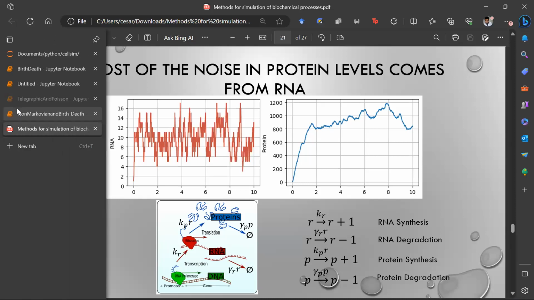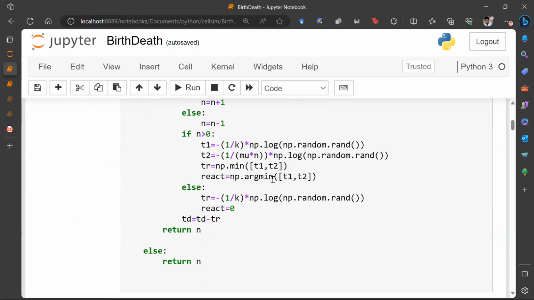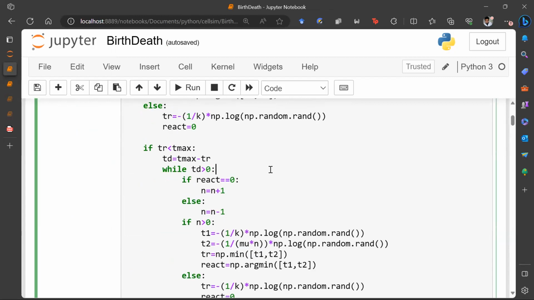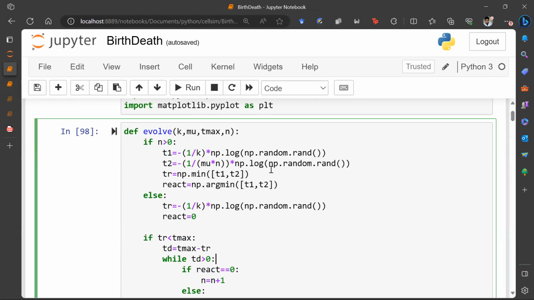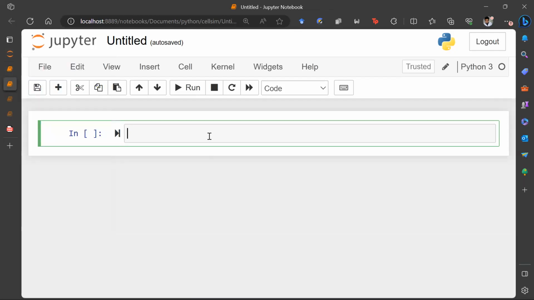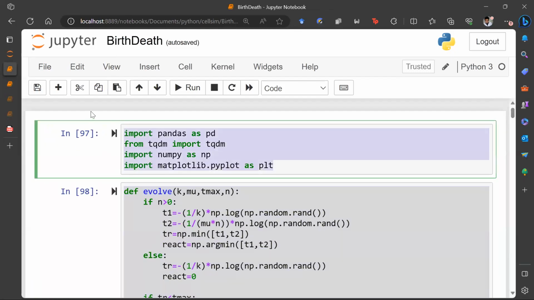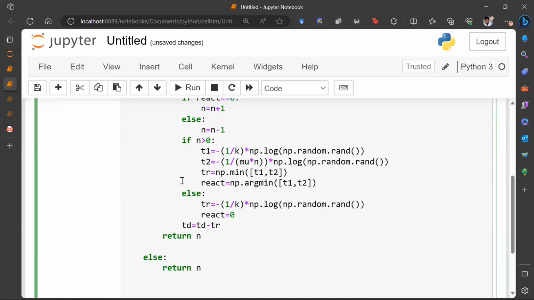So we can use the same script as for the birth-death process, but now we're going to have 4 reactions. Because the number of reactions is so high, it's going to be better to make a function that calculates the time for the next reaction.